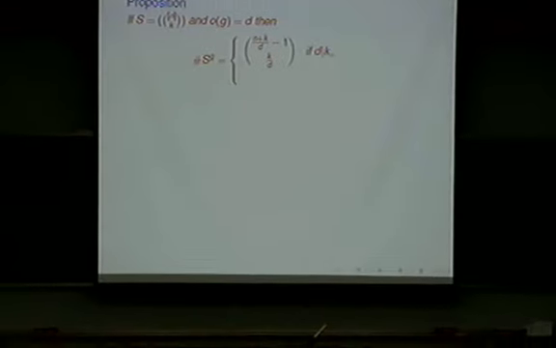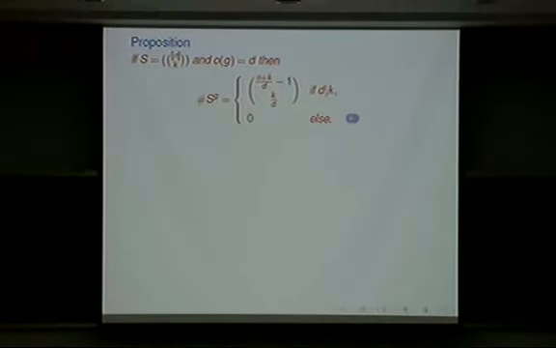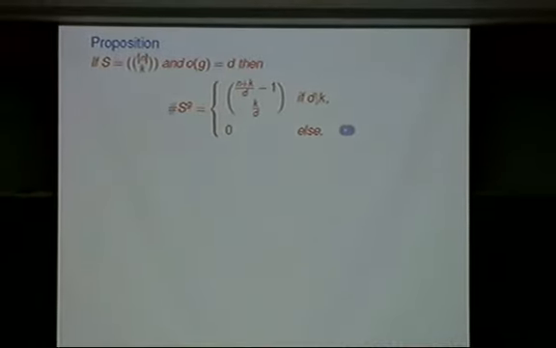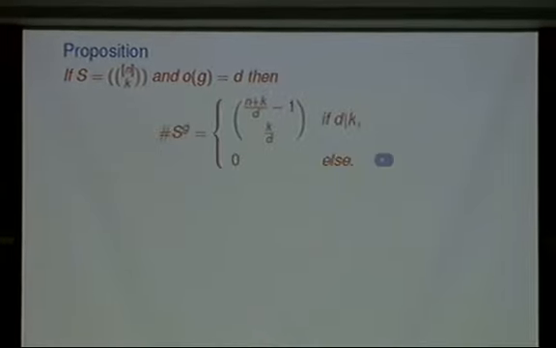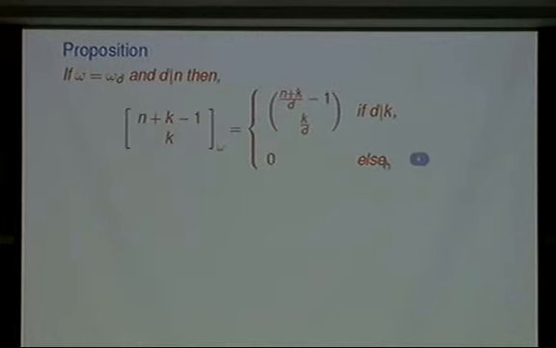Well, I claim that if d divides k, the number of elements in my multiset, I get n plus k over d minus 1, choose k over d, and guess what it is if d does not divide k? 0, right? Because this is exactly what we had on the previous slide. So the two sides are equal, because we physically computed them, and it turned out to be the same.